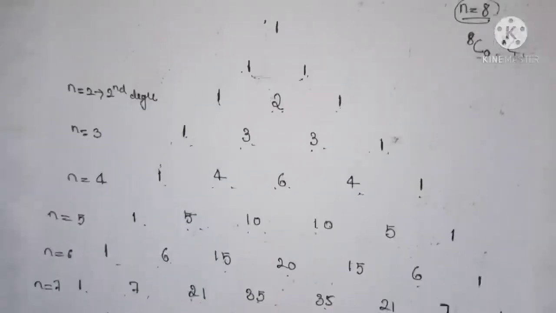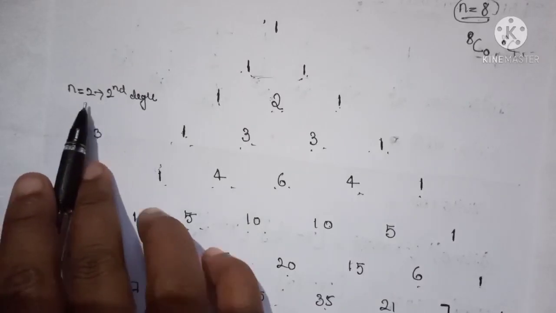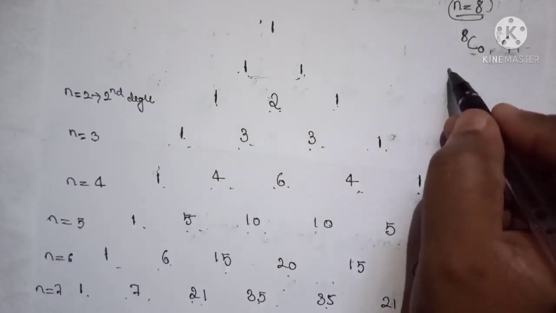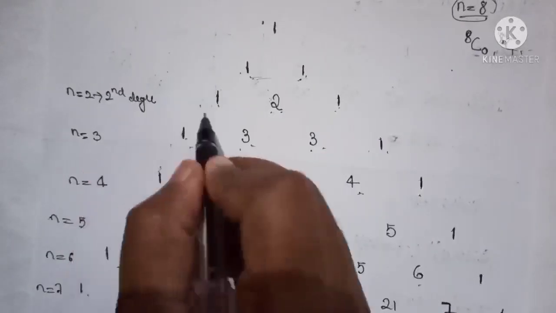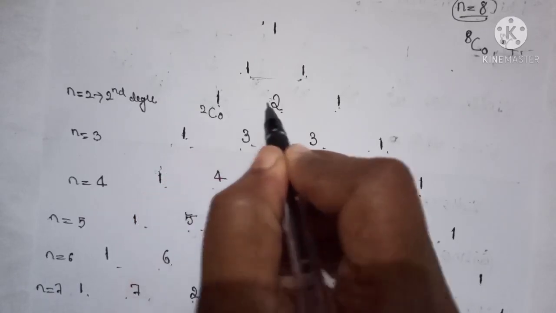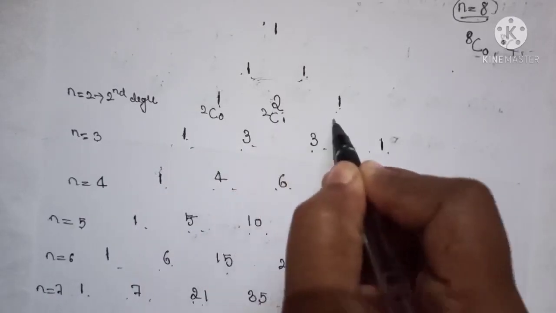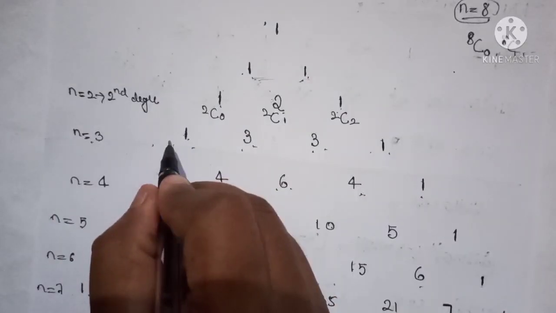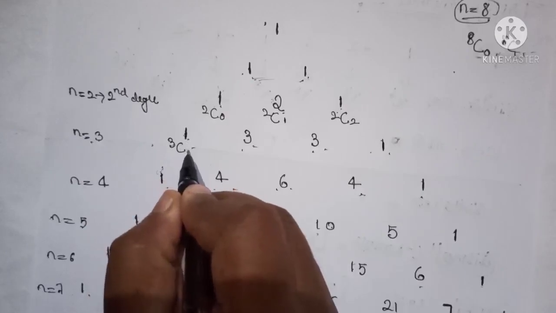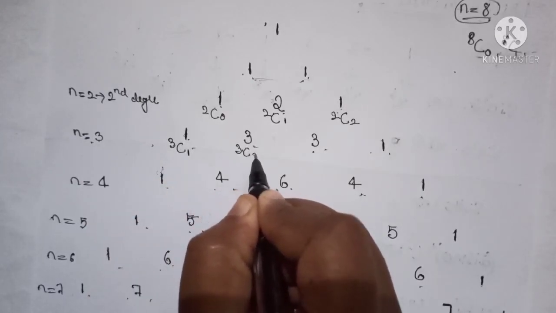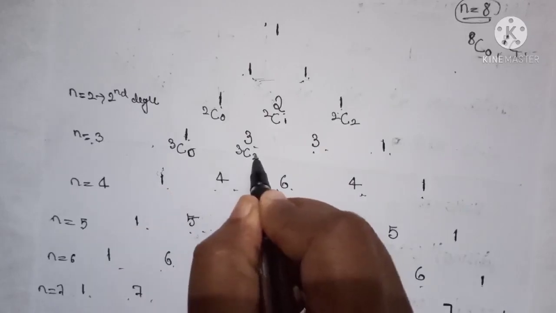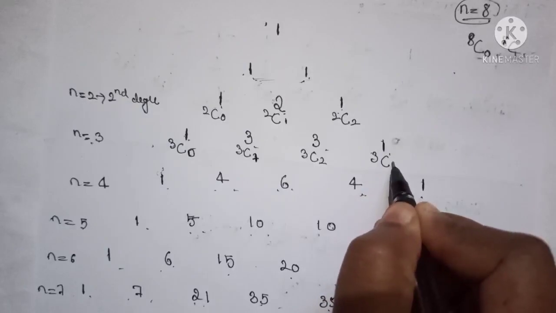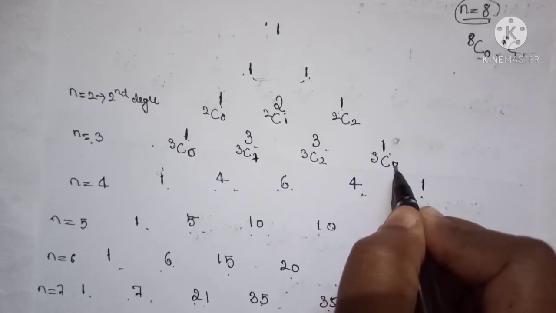Now I will tell what the second degree is. When n is equal to 2, we write nC0 first, so that is 2C0, this is 2C1, this is 2C2. For n equal to 3, this is 3C0, 3C1, 3C2, sorry, 3C3.